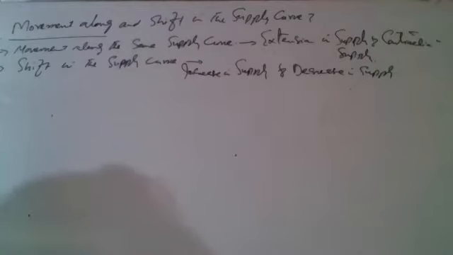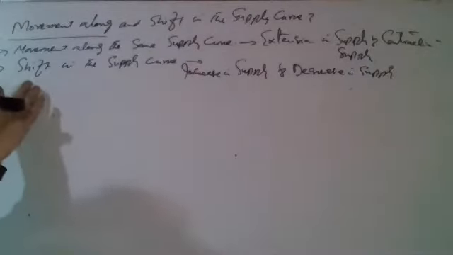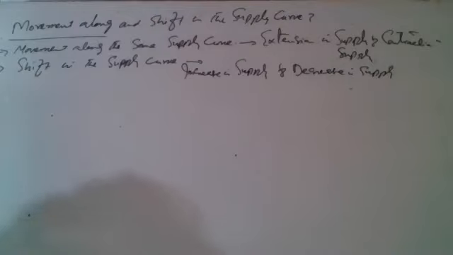Extension in supply means when supply increases due to increase in price only, or supply decreases due to decrease in price only, other things remaining same. In case of shift in the supply curve, we shift from one supply curve to another supply curve, either leftward or rightward.